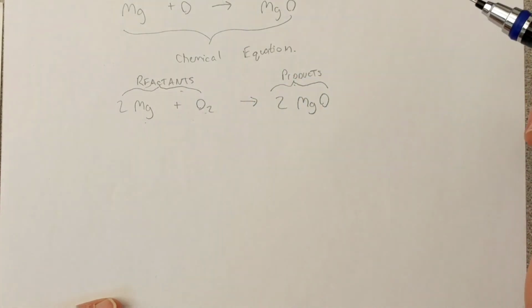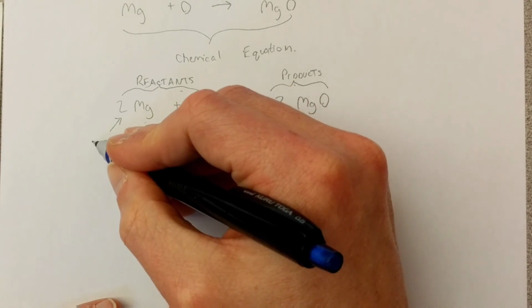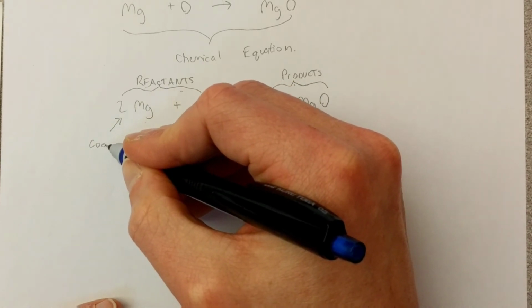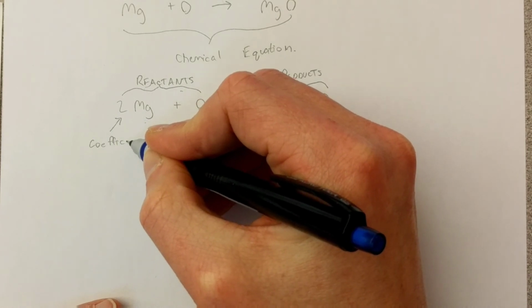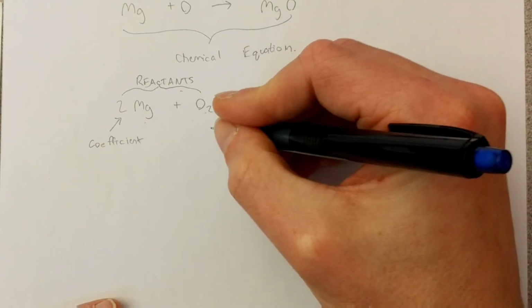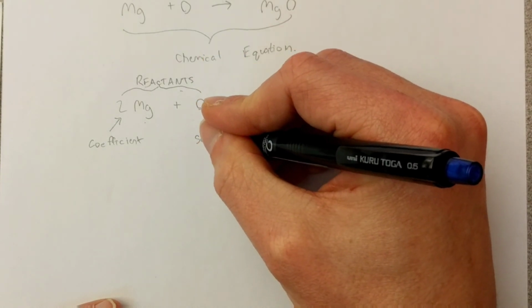Reactants and products. Some other things we have: this large 2 is called a coefficient. This small 2 is called a subscript.